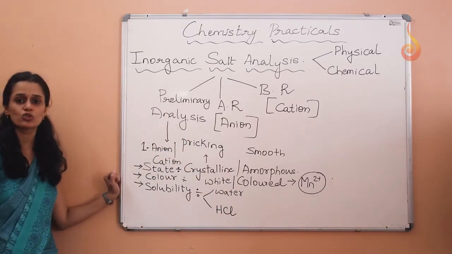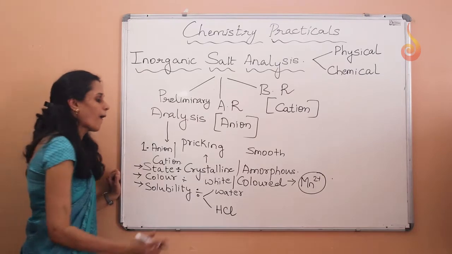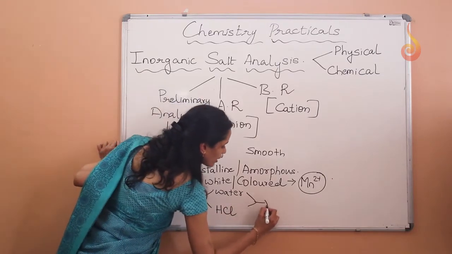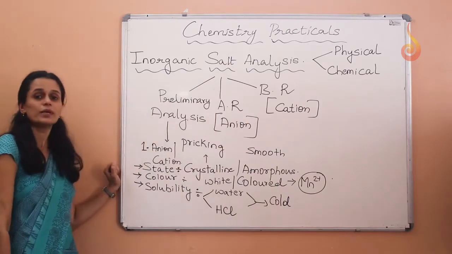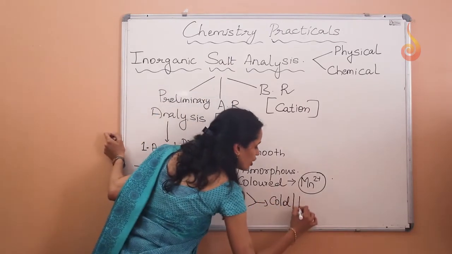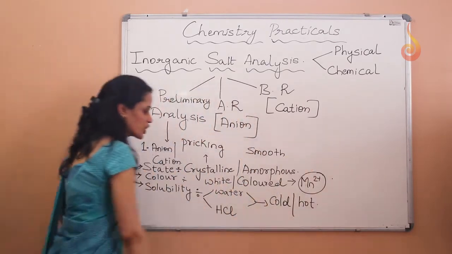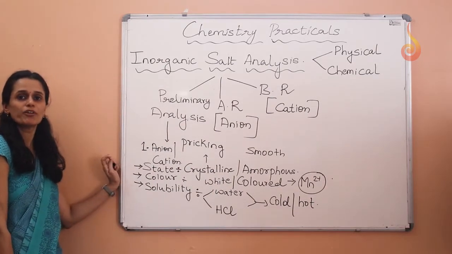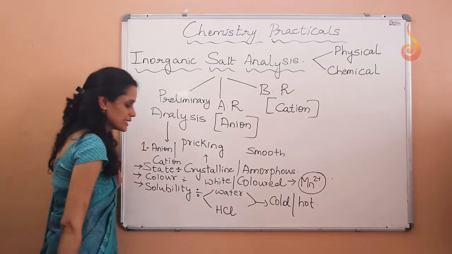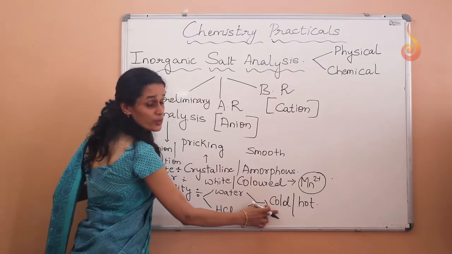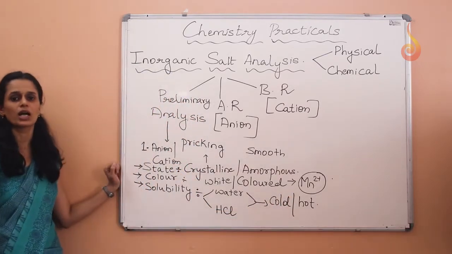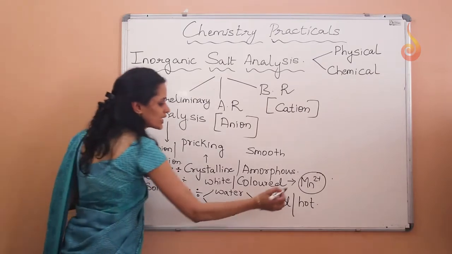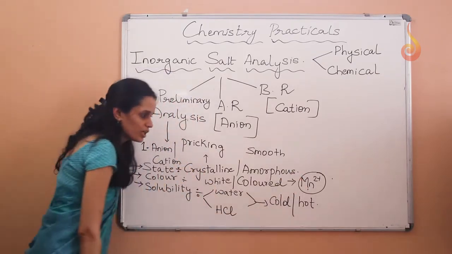We will check whether the salt is soluble in cold condition or in hot condition. This is how we perform the solubility test. According to the syllabus, all the salts are soluble in cold condition except one salt, the manganese ion salt.